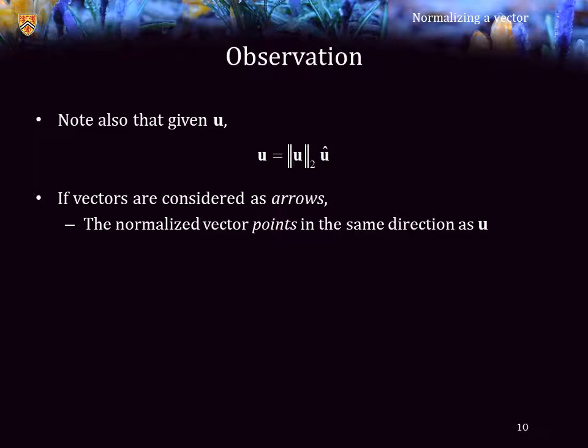Also, given a vector u, we will notice that u is equal to its corresponding unit vector or normalized vector multiplied by the 2 norm of u. And again, if vectors are considered arrows, the normalized vector points in the same direction as u. So u cap points in the same direction as u.